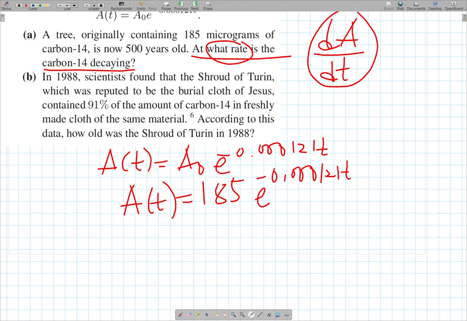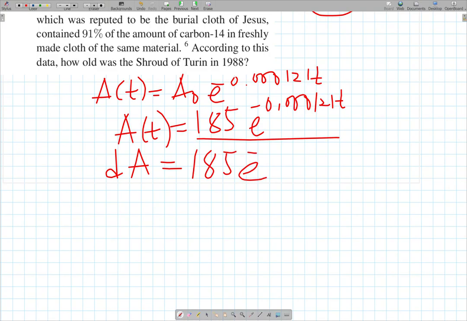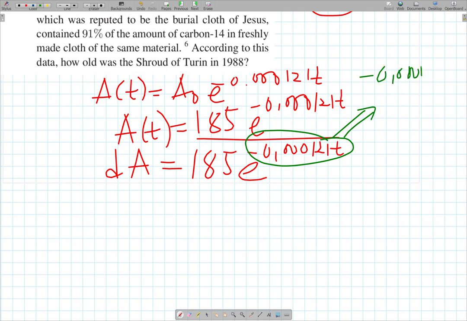So how will you do that? So again, no, you have to derive this equation using implicit derivative. Derivative of A is dA. Tanggalin na natin ang of t, no? Equals, so how will you derive ito? Kasi may E, no? Just copy 185, then copy E negative 0.000121 t, and then after that, kasi nga E yan, you have to derive the exponent of E. So the derivative of exponent of E is negative 0.000121.